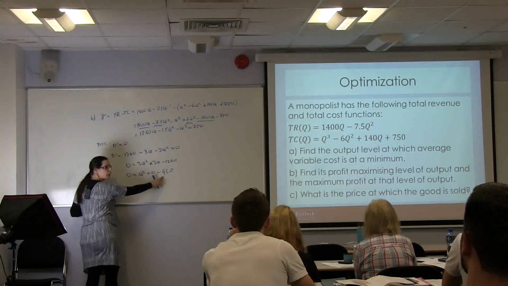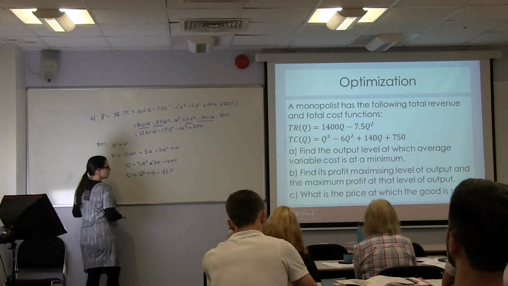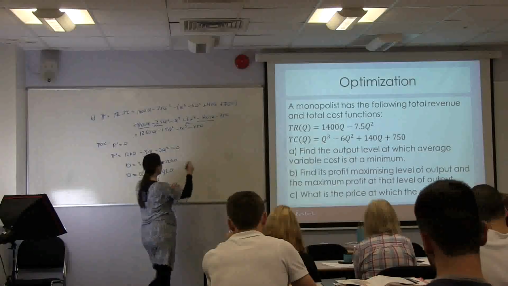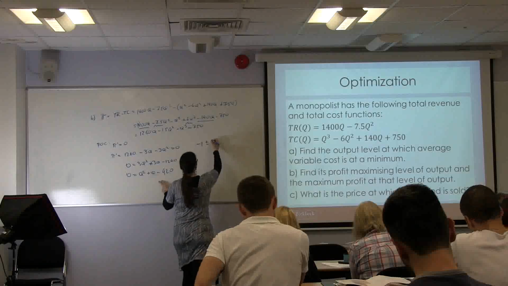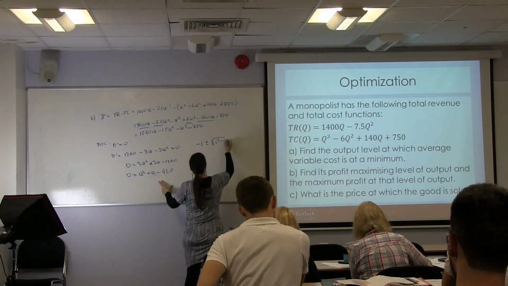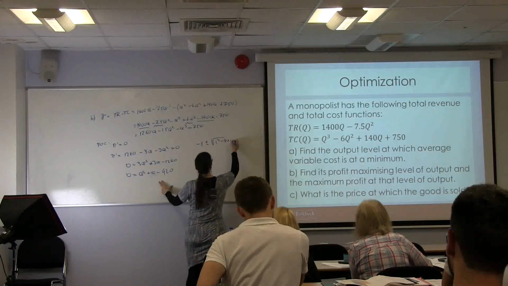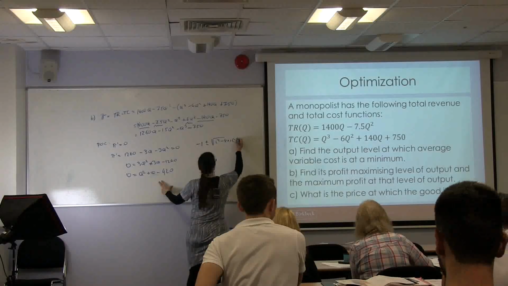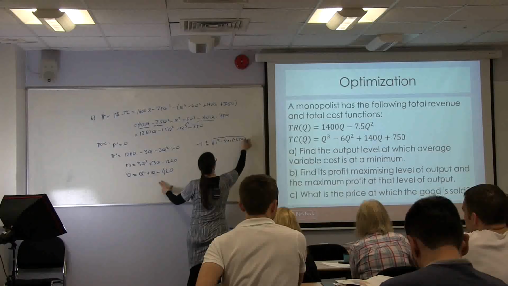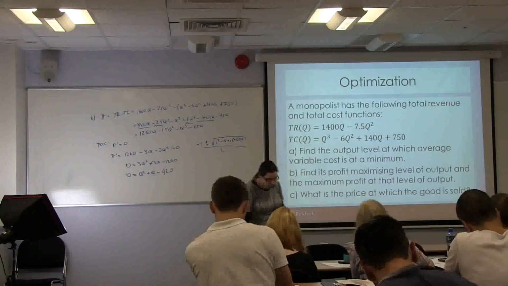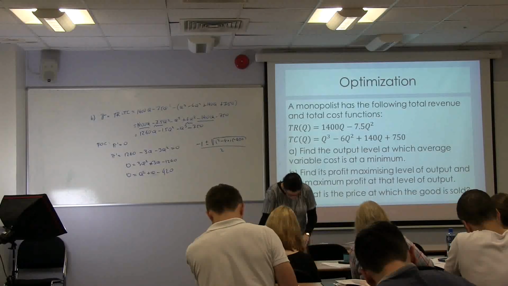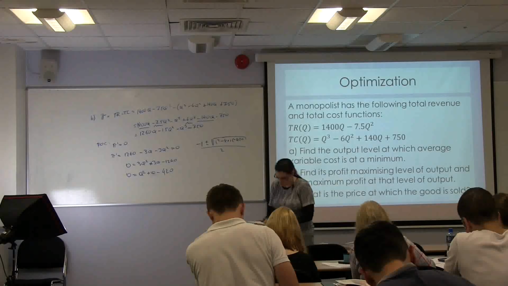And then what I can do now is just use the formula, or I probably wouldn't find the factoring out quick enough. So I would just do the formula. Minus 1 plus minus root of 1 squared minus 4 times 1 times minus 420 over 2. And let me just try to find my answers.